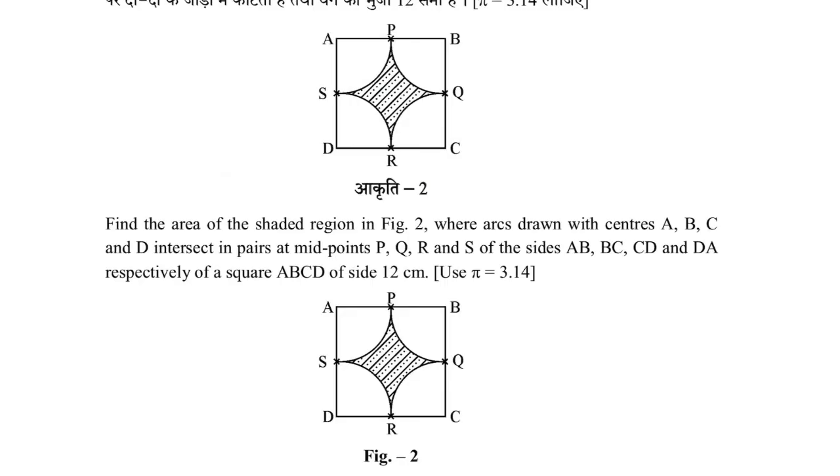In this we need to find the area of the shaded region, and we are given that the arcs drawn from the centers A, B, C, D intersect in pairs at midpoints P, Q, R, S of the sides AB, BC, CD and DA respectively of a square ABCD of side 12 cm.